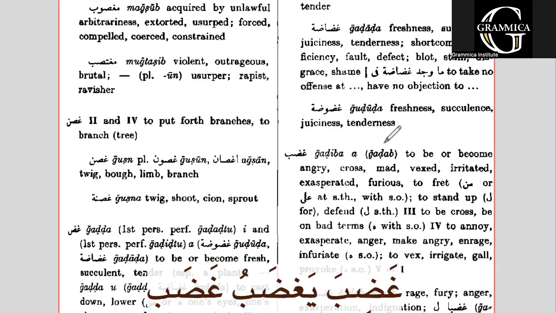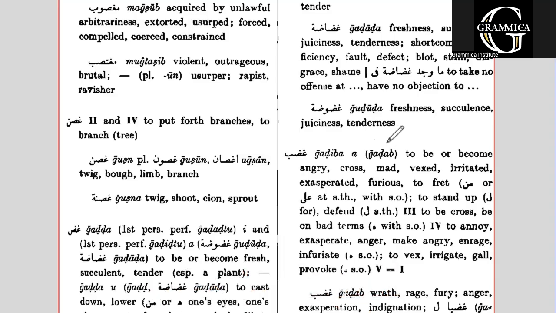Then we have a word in parentheses. This word in parentheses is the masdar, the verbal noun, غضب, spelt like this, غضب. A more common masdar pattern is nasr, on the pattern fa'al, or darb, again on the pattern fa'al.